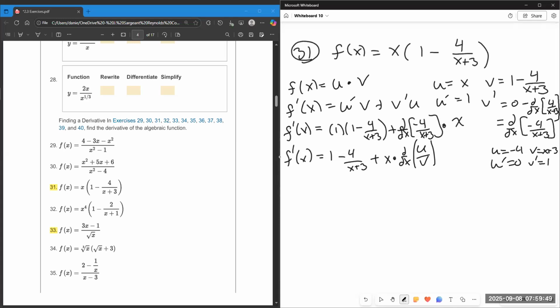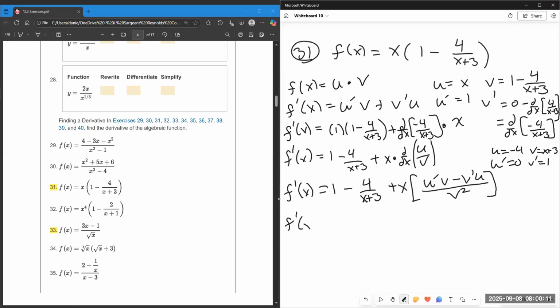u over v substitution. And so f prime of x is 1 minus 4 over x plus 3 plus x times, and then this is going to be u prime v minus v prime u all over v squared here.